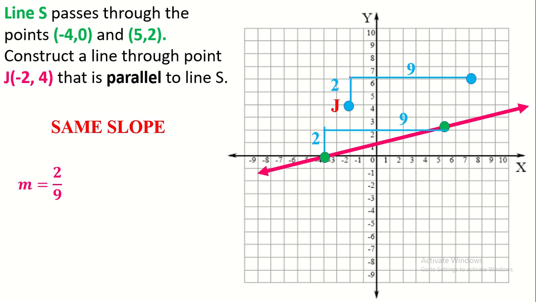And then plotting a new point. Finally, what we need to do is construct a new line through those 2 points that is parallel to line S with a slope of 2 over 9.